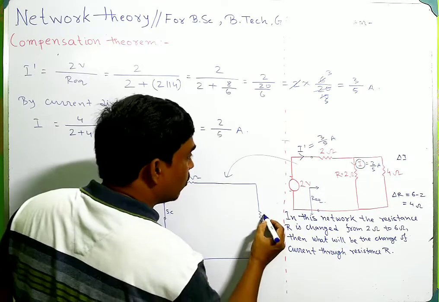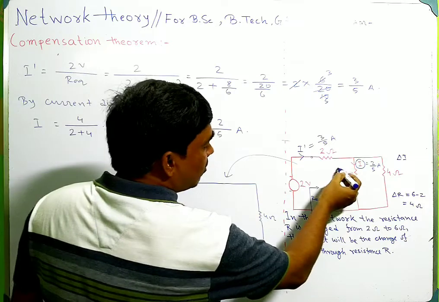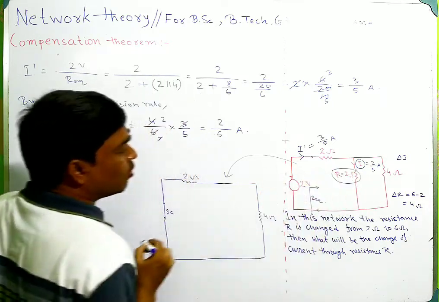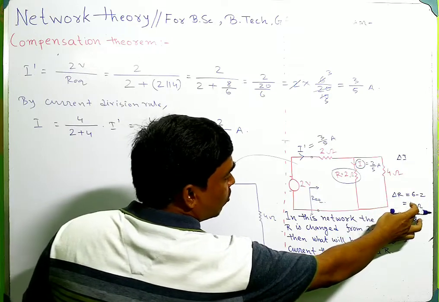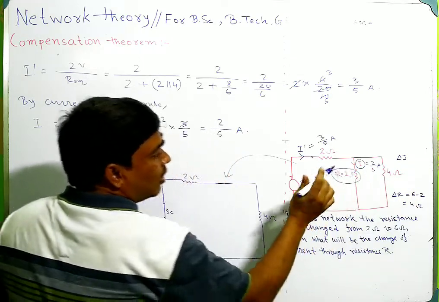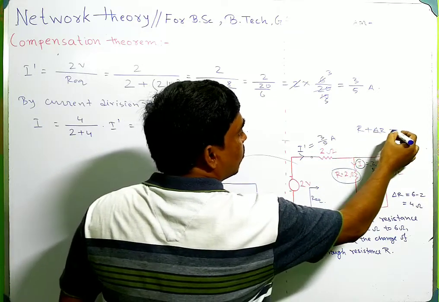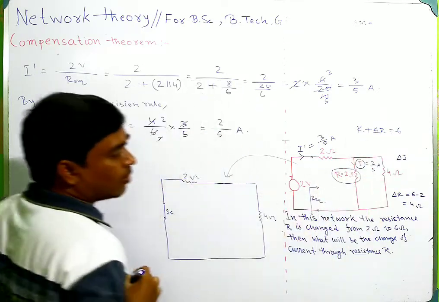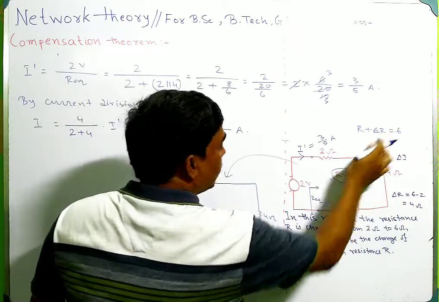Now this resistance will be 6 ohm because del R equals 4 and R plus del R is equal to 6, because this is 2 and the change is 4, so it is 6.